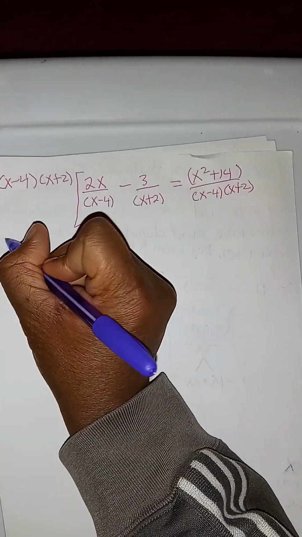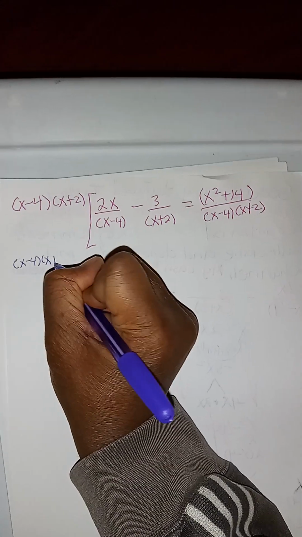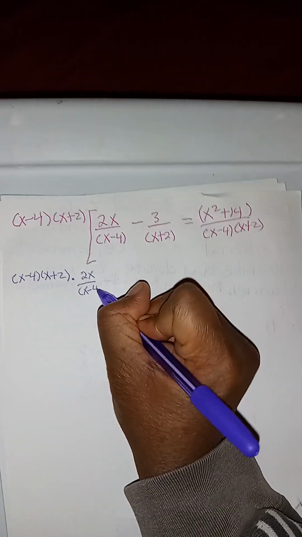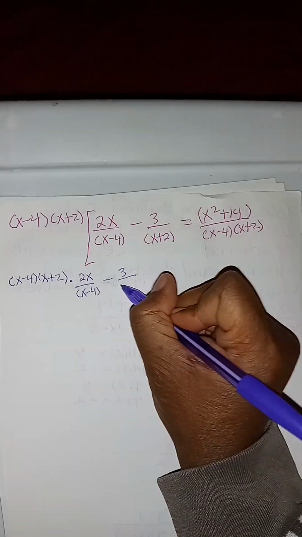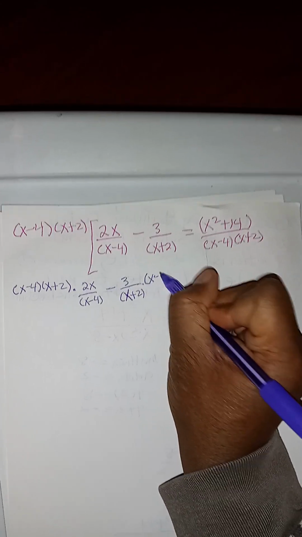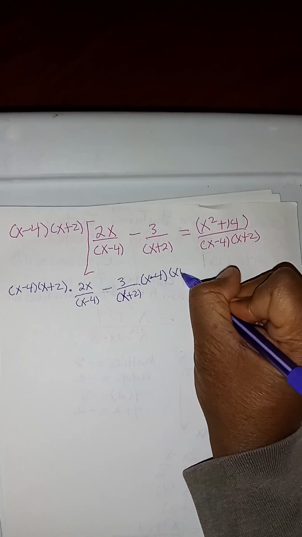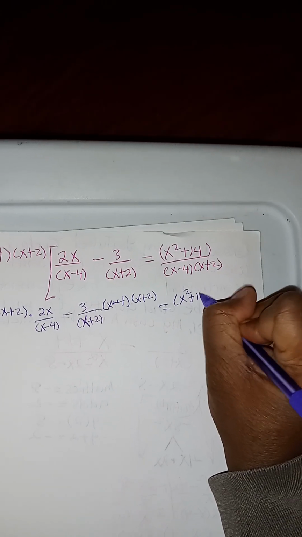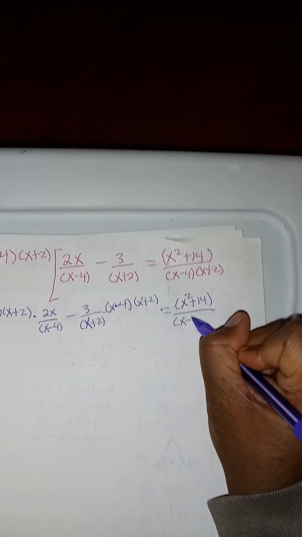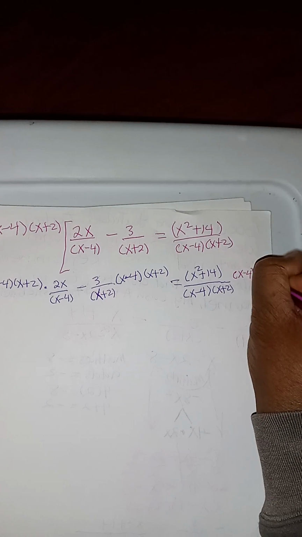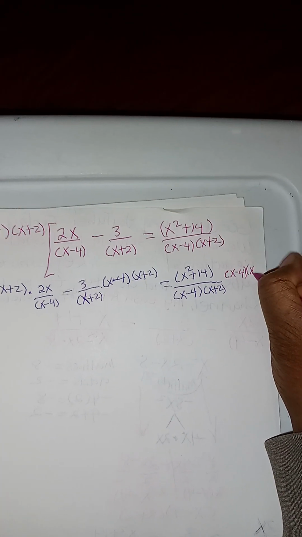So, x minus 4, x plus 2 times 2x over x minus 4 minus 3 over x plus 2 times x minus 4 times x plus 2 is equal to x squared plus 14 over x minus 4 times x plus 2, and then multiplied by x minus 4, and then x plus 2.